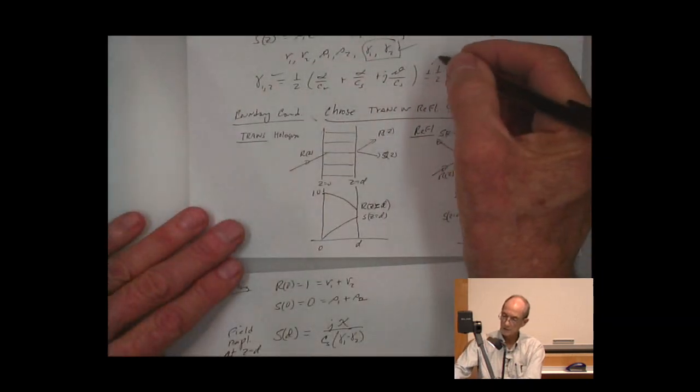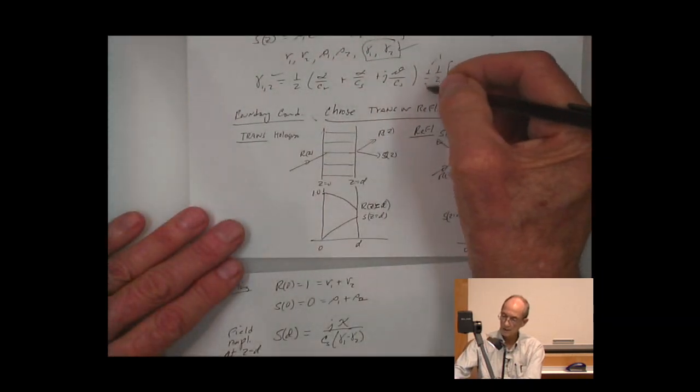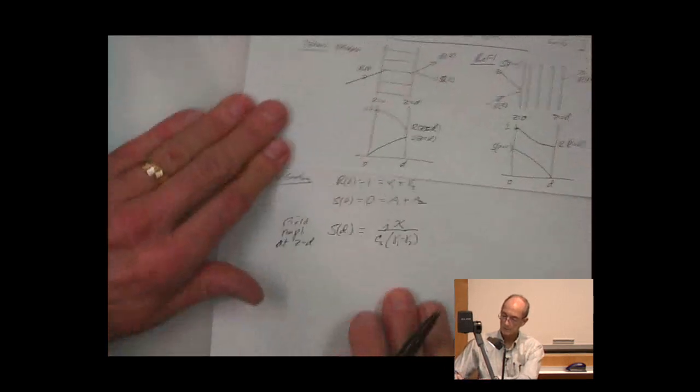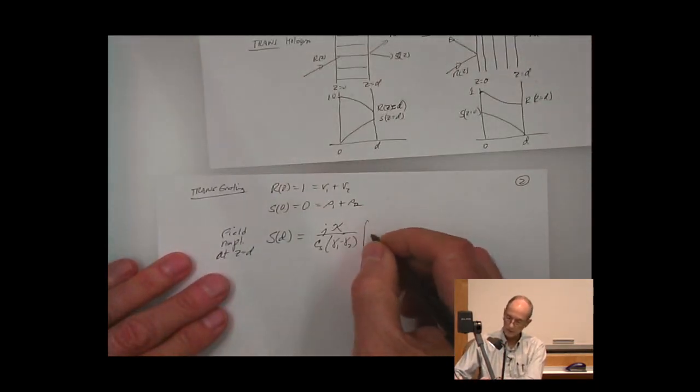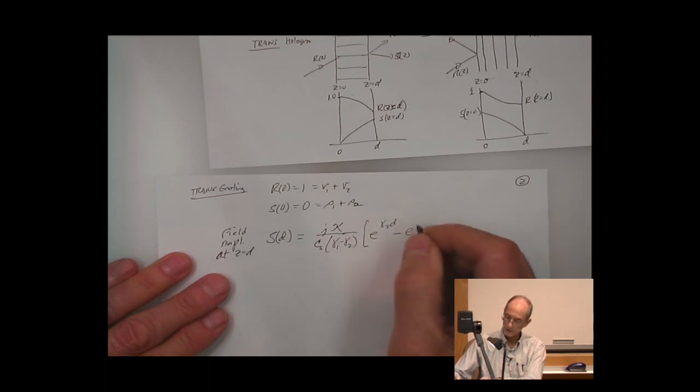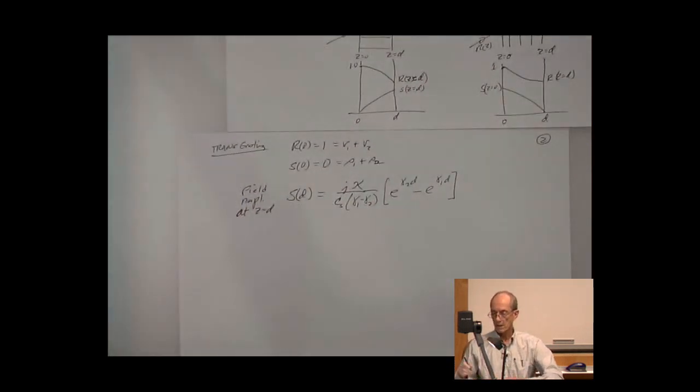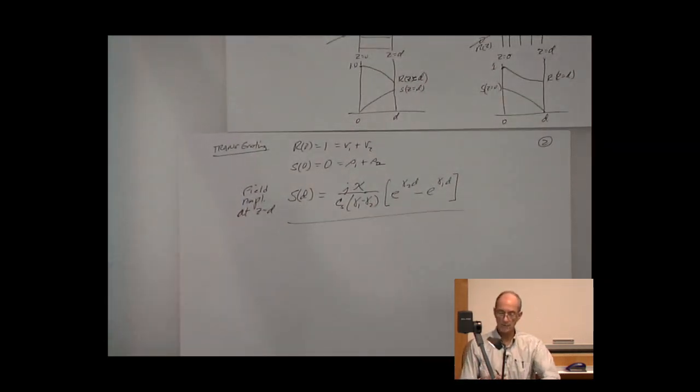By the way, the plus is for 1 and the minus is for 2 in that. So we have that times e to the gamma 2d minus e to the gamma 1d. All right, so that's the field amplitude that we have, and then from that we can get the diffraction efficiency. So if you missed the last lecture, you got caught up at this point, okay?